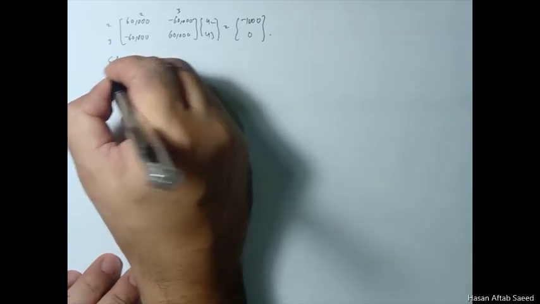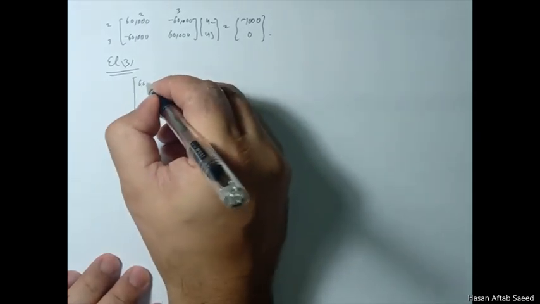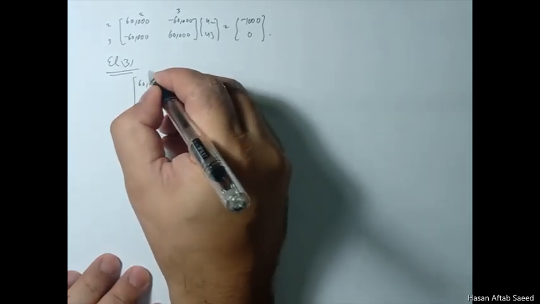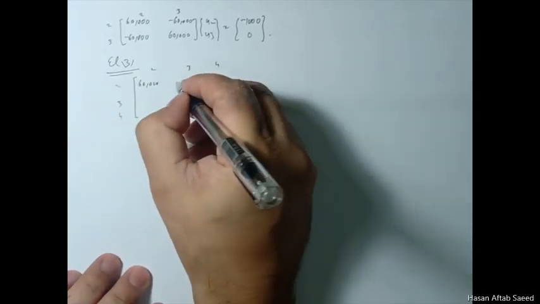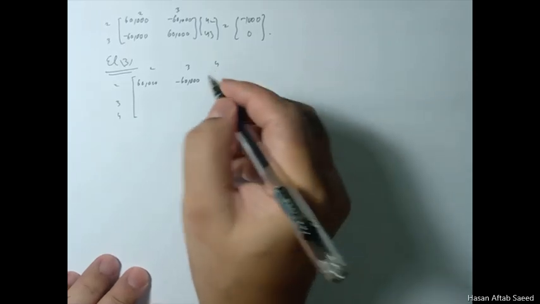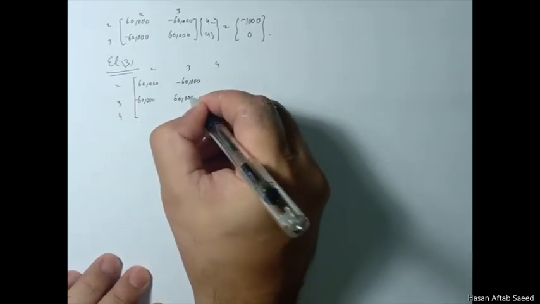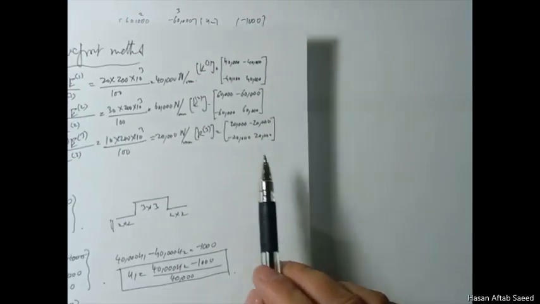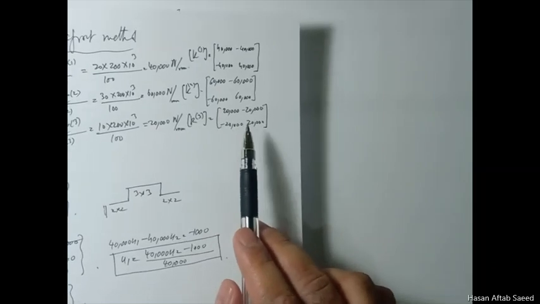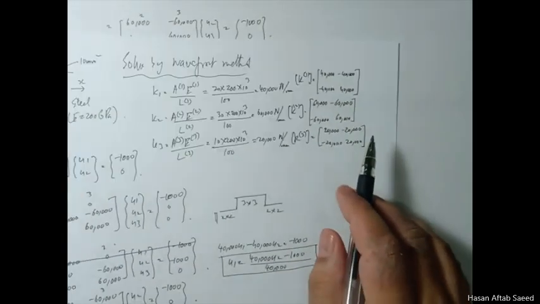element 3 now. Element 3 will be added, obviously. It will be added 2 3 4 in the 3 4 places. Minus 60,000 minus 60,000. Here you have 60,000 plus element 3 values for element 3. This 20,000 comes at this 3 4 location.